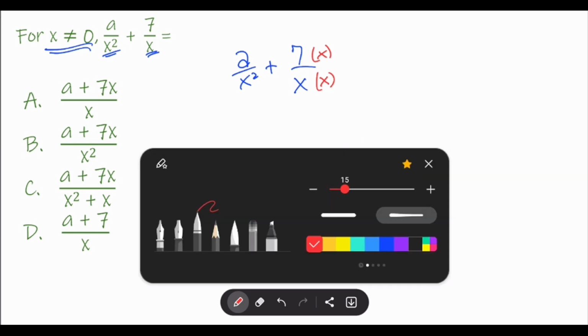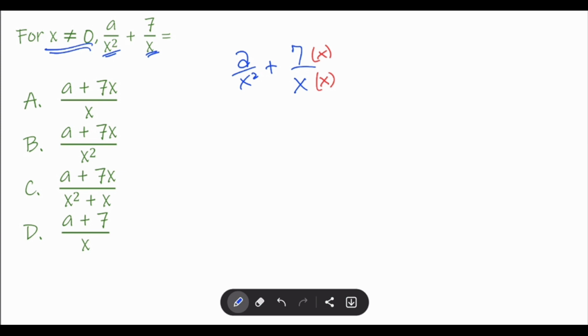So we're going to have the next form, which becomes a over x squared plus 7x over x times x, which is x squared. Now, since it's the same denominator, we can combine the top, a plus 7x, but of course we can't literally combine it because they're different terms.